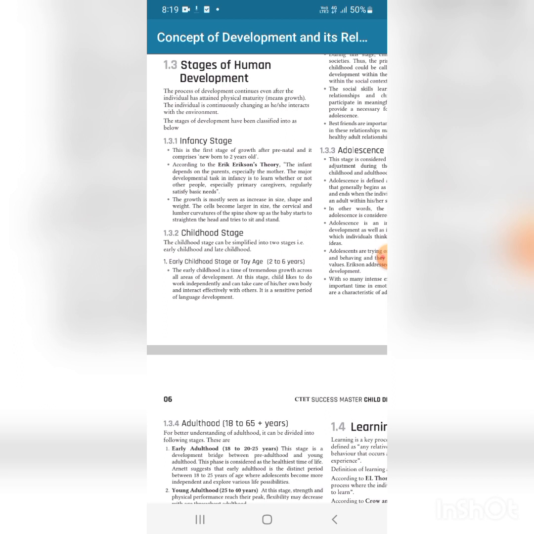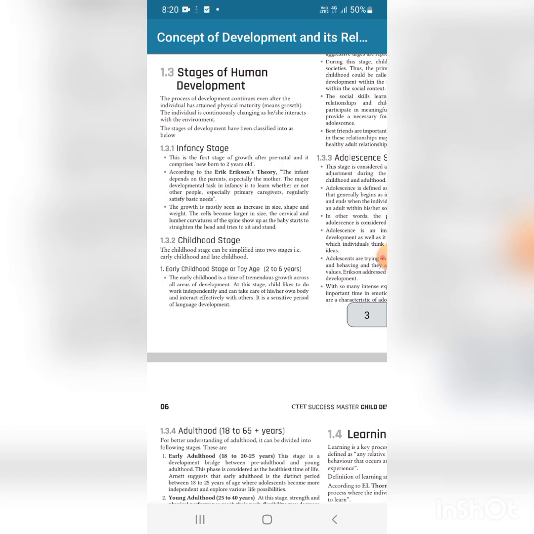It is a sensitive period of language development. In this period, the child tends to develop language, and it is the most tender period of development.